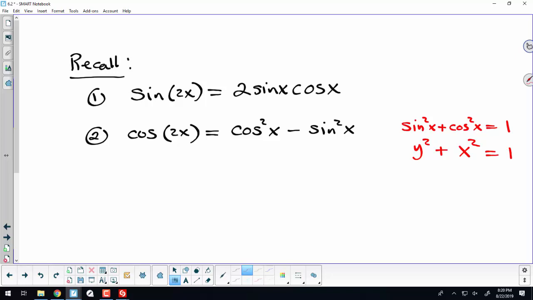In order to get the other two, if you forgot, this is a long-winded way to get there, but hopefully at some point at least one of these identities will be like, oh yeah, I remember that one. You solve for cosine squared in this one and put it in here, then solve for sine squared and put it in there, and you'll have the other two. We have 2 cosine squared x minus 1, or 1 minus 2 sine squared x. So any of those three are valid representations for cosine 2x.